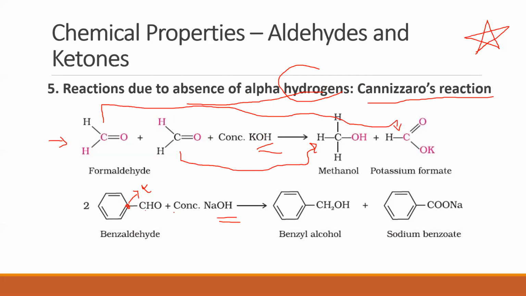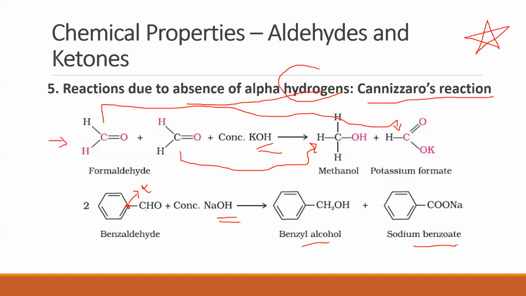So when I take 2 moles of benzaldehyde, now we know the logic of Cannizzaro's, it is disproportionation, which means 1 mole will undergo oxidation, the other mole will undergo reduction. Depending upon which is undergoing oxidation and which is undergoing reduction, you get the oxidized product or the reduced product. Now, when benzaldehyde reacts in the presence of concentrated NaOH through Cannizzaro's, you get benzyl alcohol and sodium benzoate as the product.